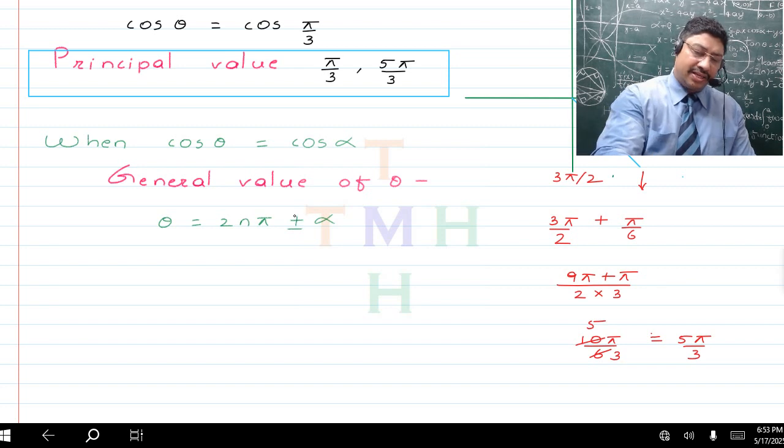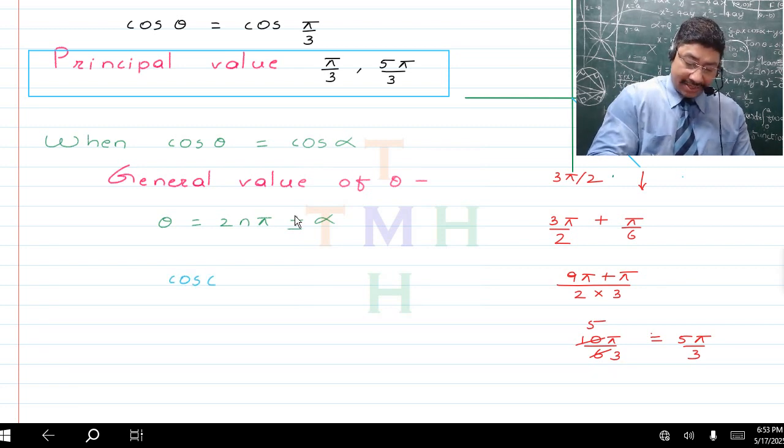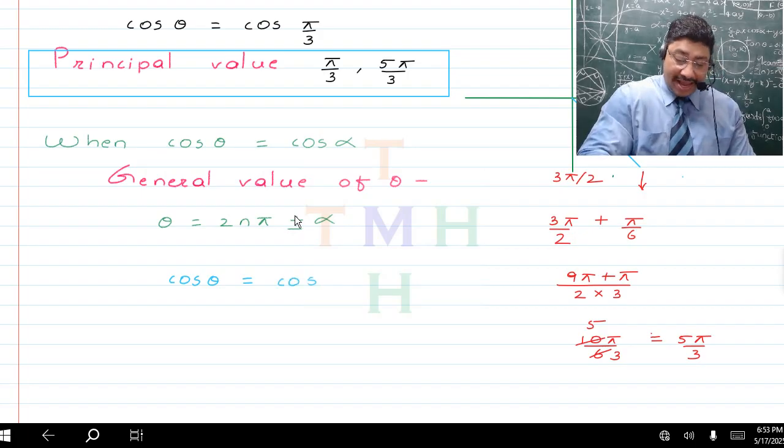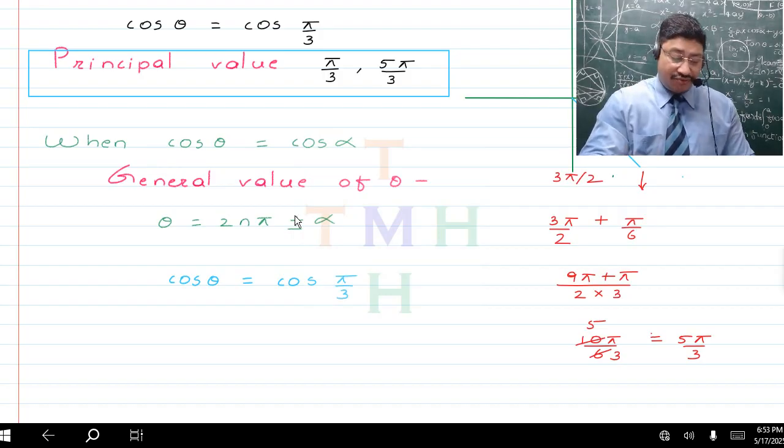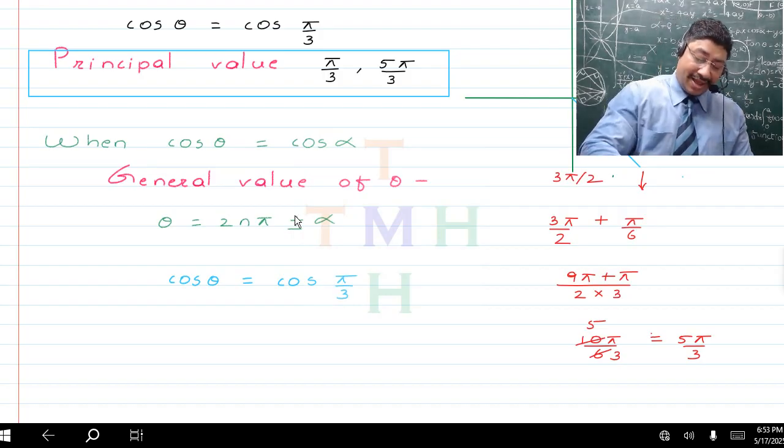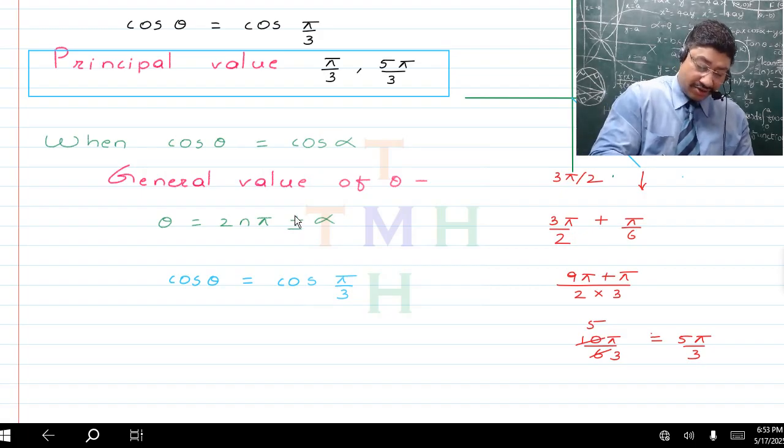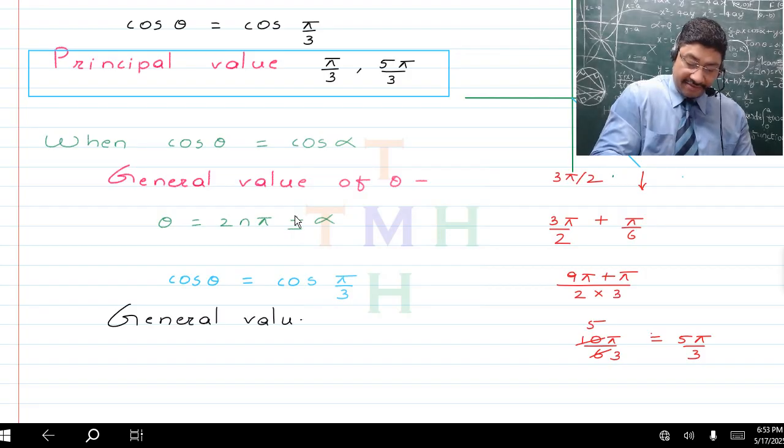Now in our case, what do we have is we actually have cos of this angle theta, which is equal to cos of either pi by 3, right, or we have it to be 5 pi by 3. As such, we can now write this theta to be having a final general value to be how much using this formula? Yes guys, everybody together.